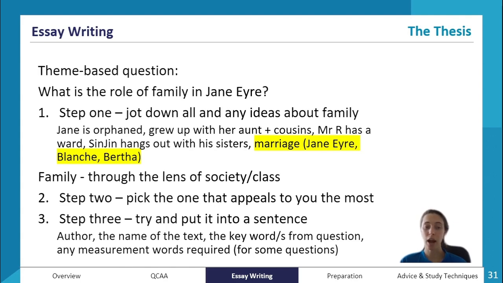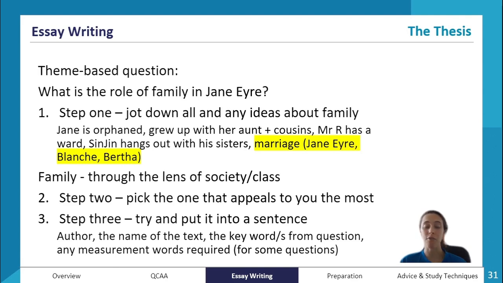Step three, try and put it into a sentence. And this is you establishing that thesis. It can be just the general kind of draft thesis instead of needing to make it perfect to begin with.